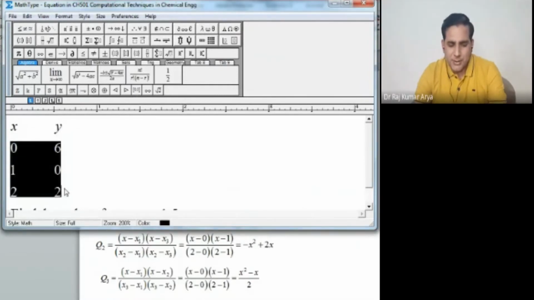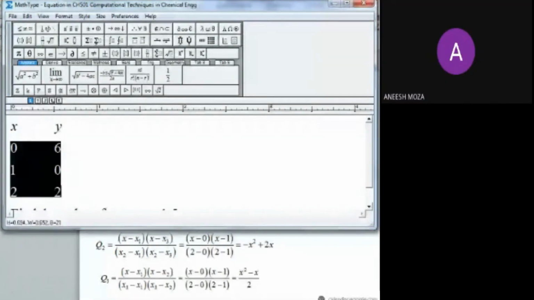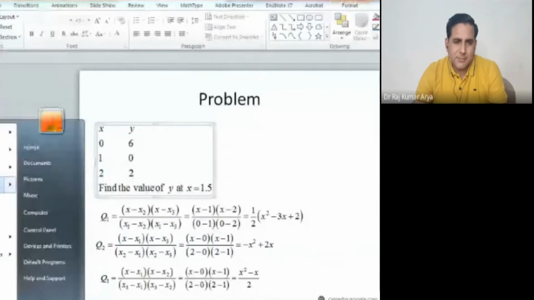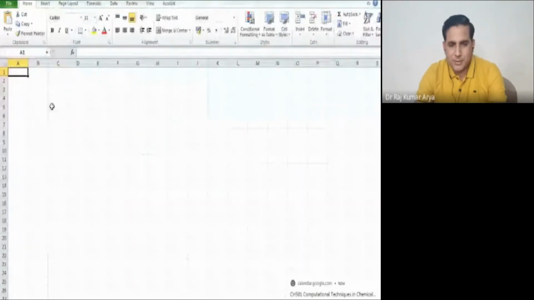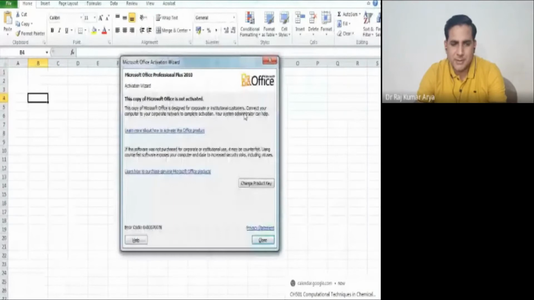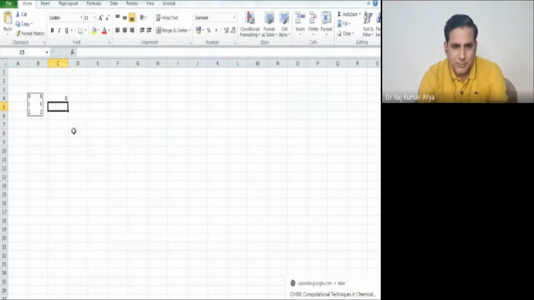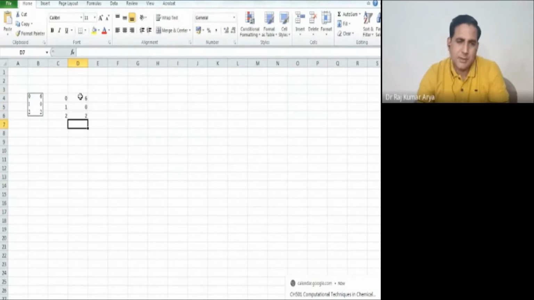So you actually got the answer as 2. Any other thing you tried for that? No, sir. So let's see, if you want to plot those values in, let's say, an Excel sheet here. Your x values were 0, 1, 2, right? Then you have here 6, 0, 2, right?